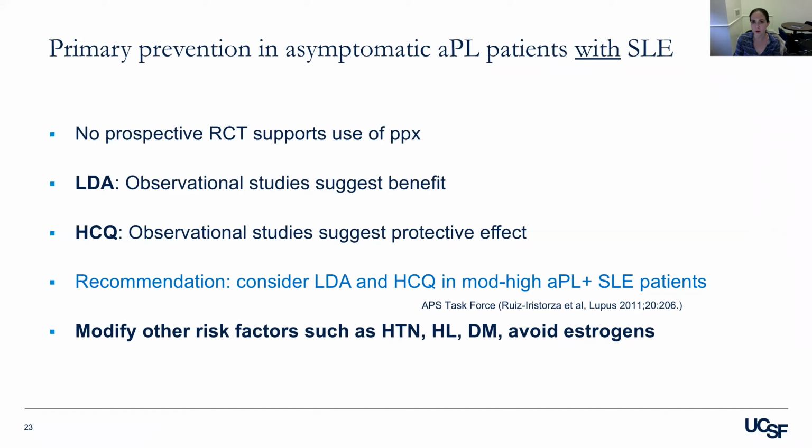I think the hydroxychloroquine recommendation is an easy one because all of our lupus patients should be on that regardless of their antiphospholipid antibody status. The low-dose aspirin, I think, we don't have extremely high quality data for this. So again, it's still a shared decision making between you and your patient. Because, just as an example, the thought of taking a 20-year-old woman and putting her potentially on aspirin indefinitely or for life, is not a decision to be made lightly. And again, focusing on modification of other risk factors remains extremely important.